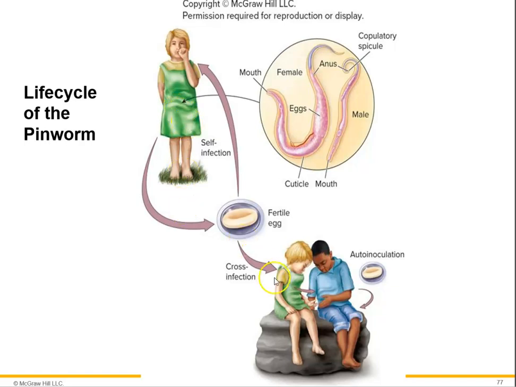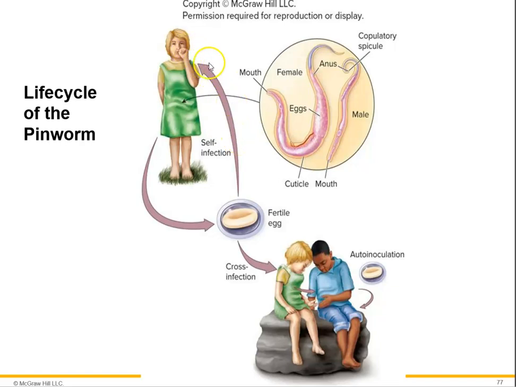Then the kiddo goes on, let's say, the next day to play with friends without washing their hands and passes along these eggs to their friend. Or let's say the eggs have gotten under her fingernails and she reinfects herself with the eggs.